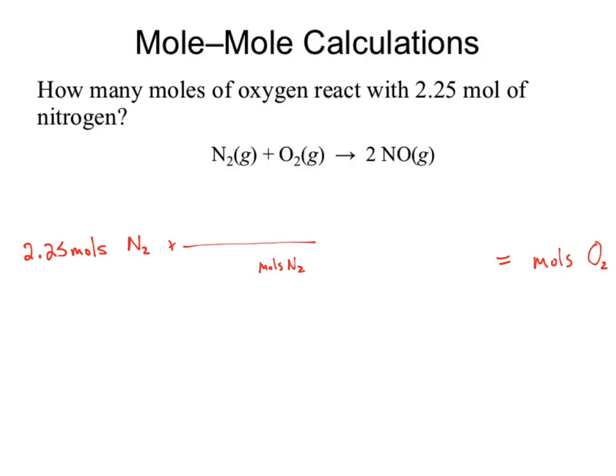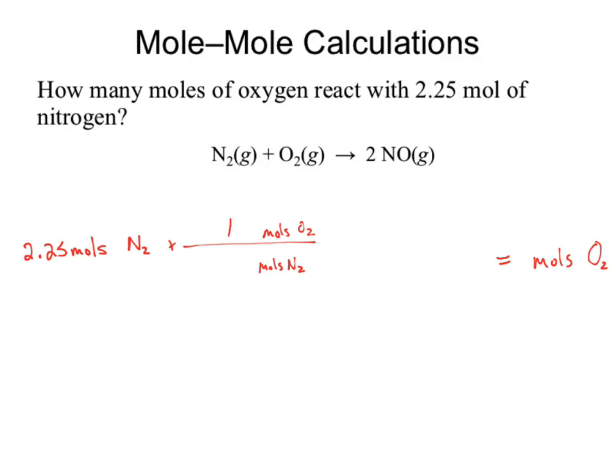What unit do I want to have show up? Moles of O2. Where do I find the conversion factor between those two substances? That's in the chemical equation. So if I look to the chemical equation, what number shows up in front of O2? 1.